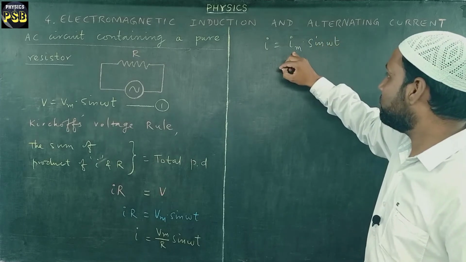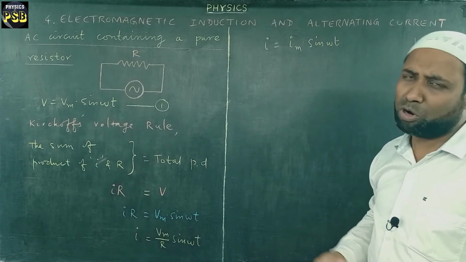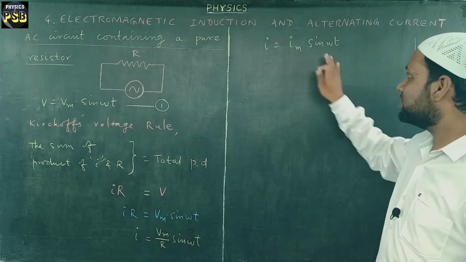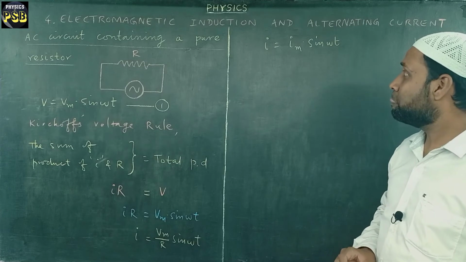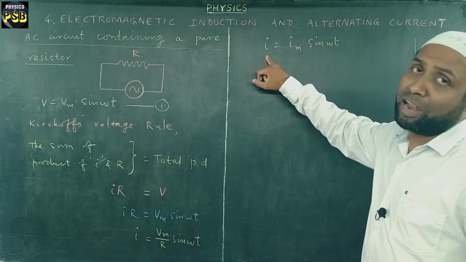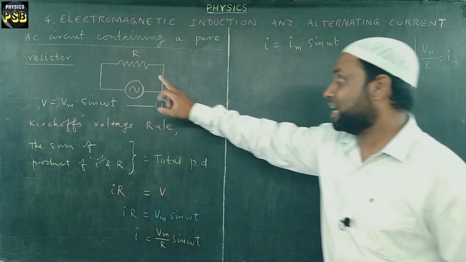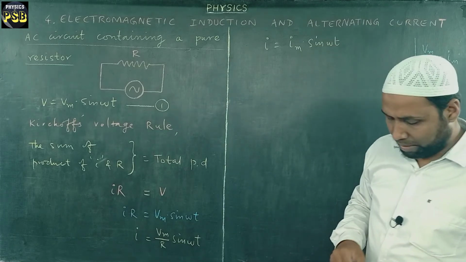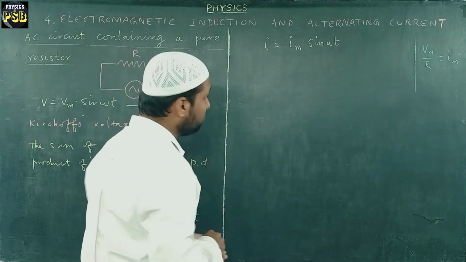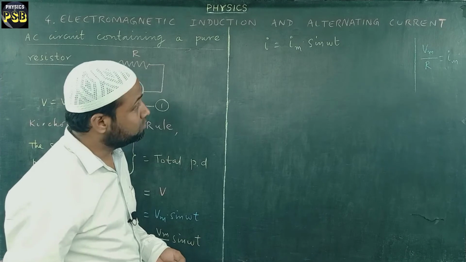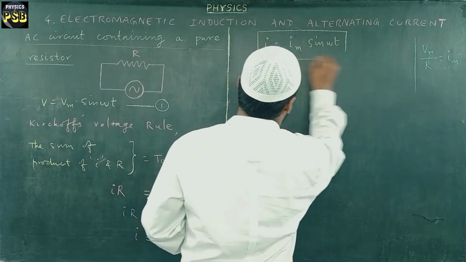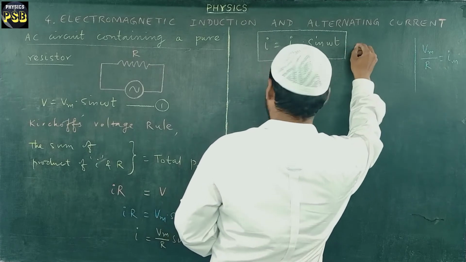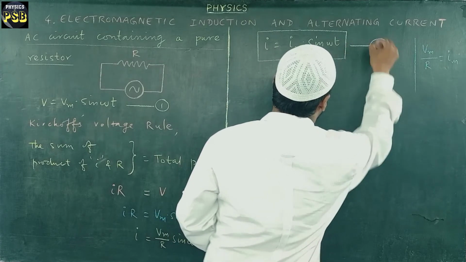Even if I take this one as a capital I, it is not going to make any difference. This is the final expression which represents the instantaneous value of alternating current in the circuit. Clear? I box this and name it as equation number 2.